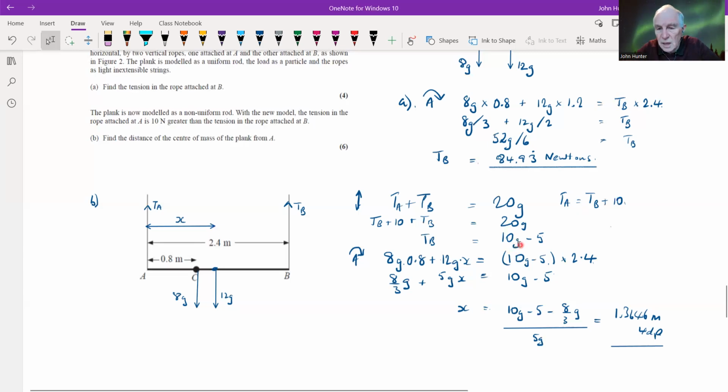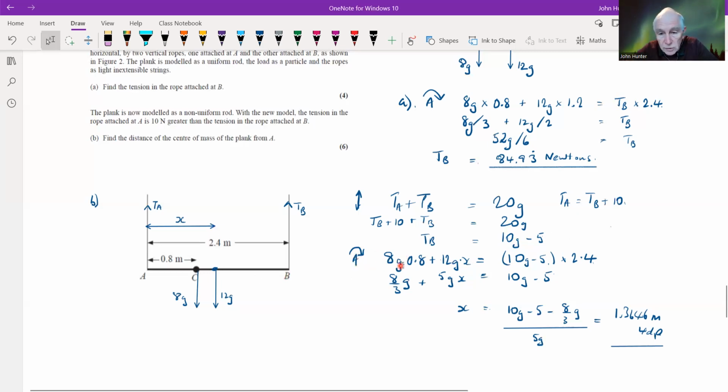So it's kind of convenient, and the other thing is it's simpler to write than some decimal to three decimal places. Okay, so having established TB, we can now take the moments about A again.